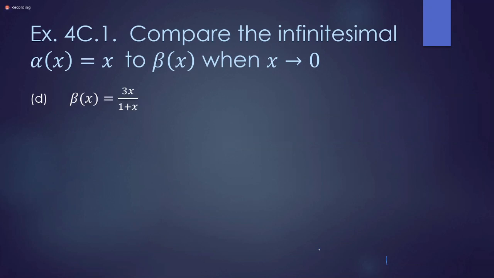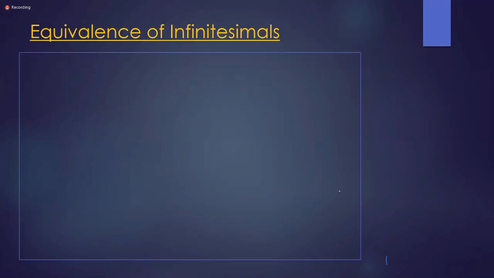So, equivalence of infinitesimals. The equivalence of infinitesimals is the most important part of this section. The good thing is that if we have equivalent infinitesimals, in certain situations, not every time, not everywhere, we can substitute one for the other.